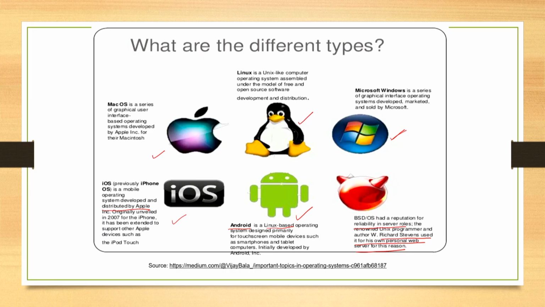All of this is to be done by the different types of operating systems. That's all about the various jobs of the operating system and a little idea about the different operating systems, that is Linux, Unix, Mac, iOS, Android.